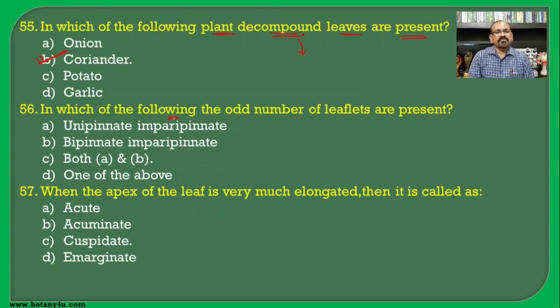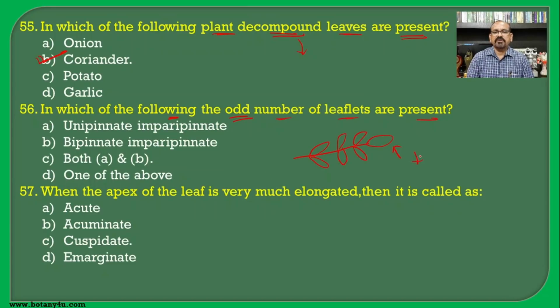Then in which of the following are the odd number of the leaflets present? Say for example, if this is a unipinnate compound leaf in which there is the presence of 7 leaflets. So this is known as the odd leaflet. So the number of leaflets is odd.